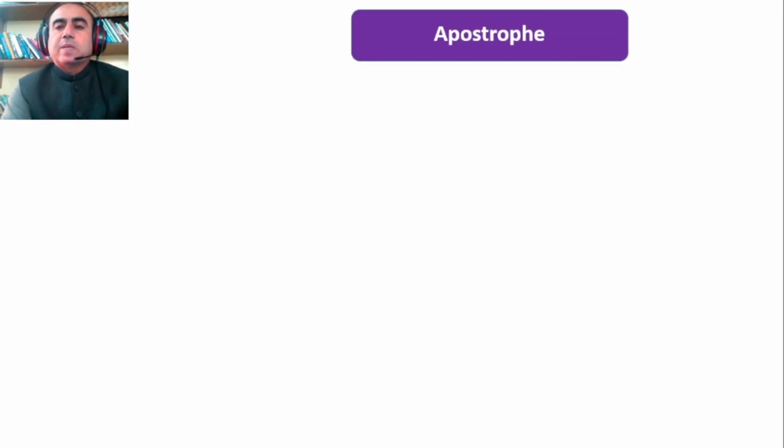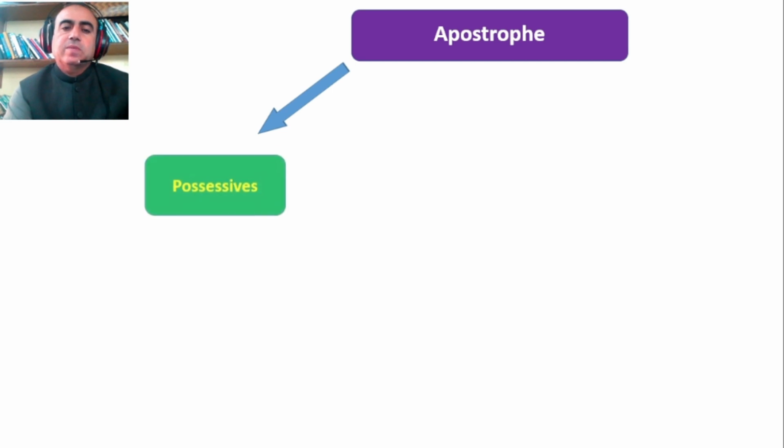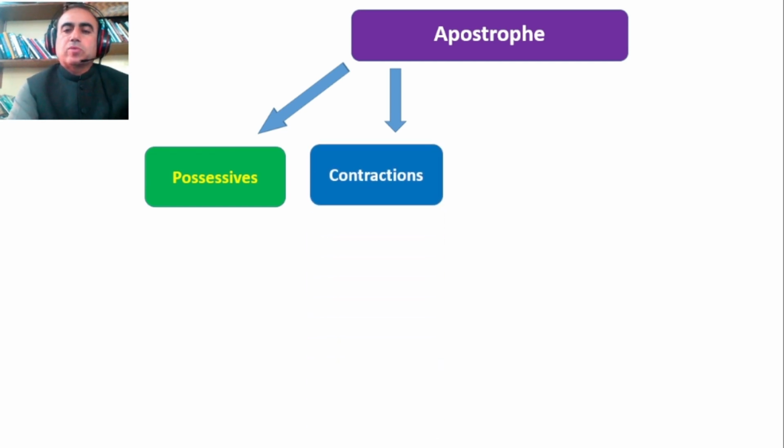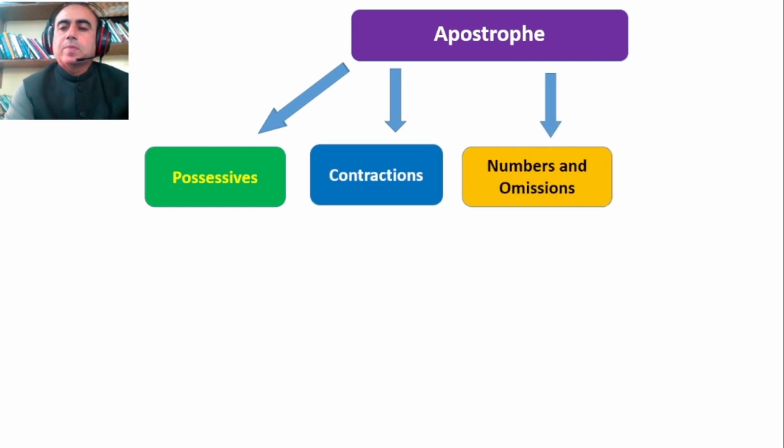The first case of punctuation is the apostrophe, and there are multiple uses of the apostrophe. The first one is in the case of possessives, the second is in the case of contractions, then in the case of numbers and omissions of numbers.